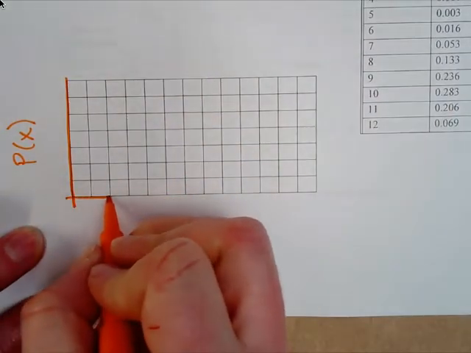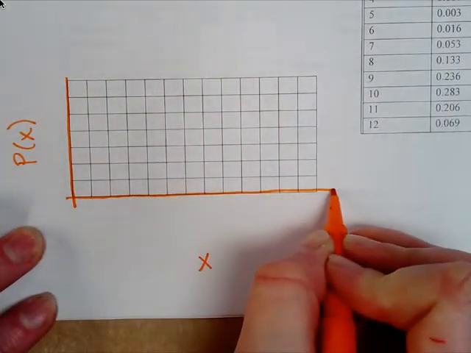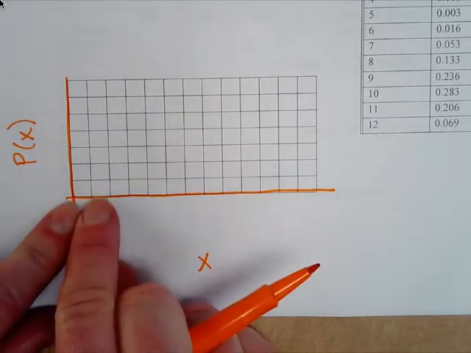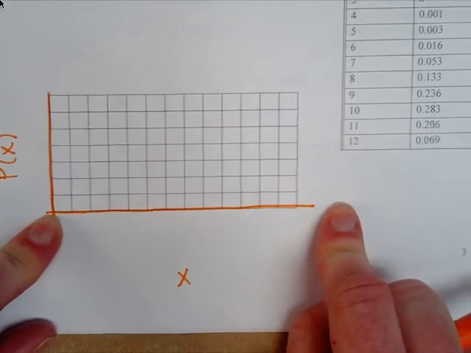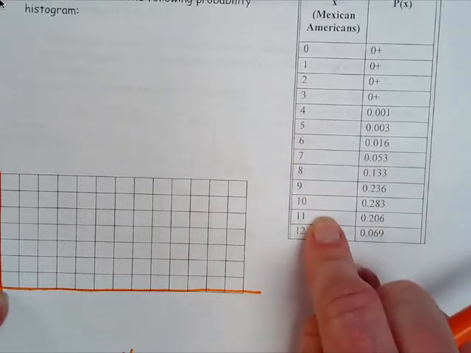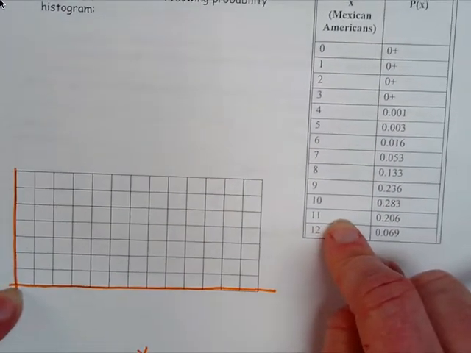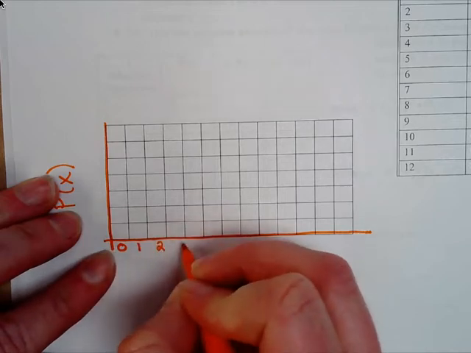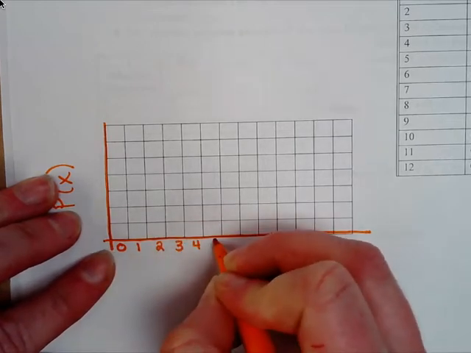That's like quadrant 1 for your histogram, if you want to look at it that way. So X is all of our random variables. Our random variables are how many jurors that were selected that are Mexican American. So we would make each box represent that. So go ahead and put your numbers underneath the box.